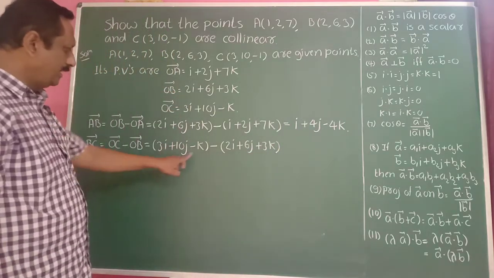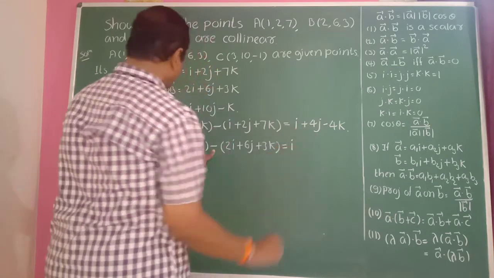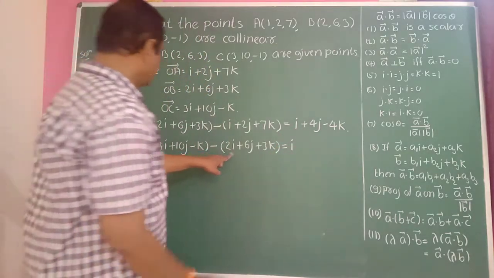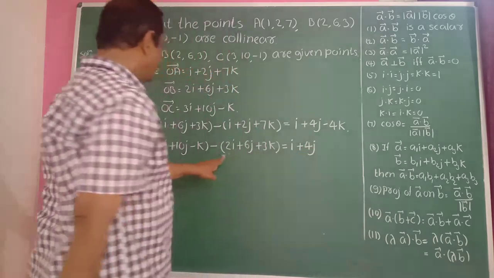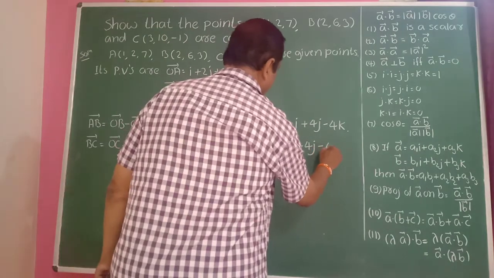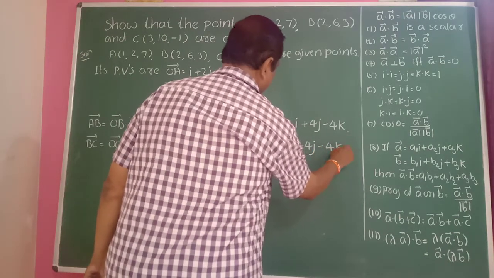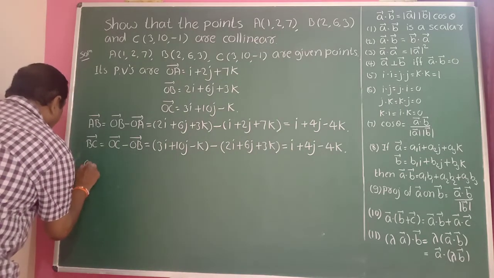So 3i minus 2i gives 1i, 10j minus 6j gives plus 4j, minus k minus 3k gives minus 4k.